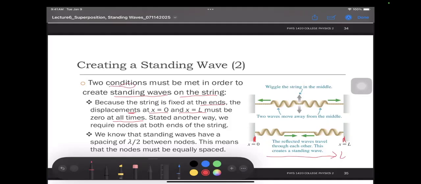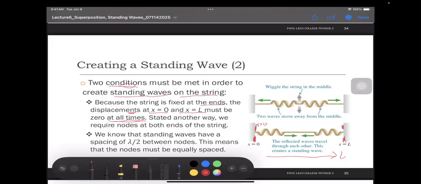So there are two conditions. One is that the displacements at x equals 0 and x equals L must be 0 at all times. No matter what situation happens, if you want to create a standing wave, the displacement here and here is always 0.